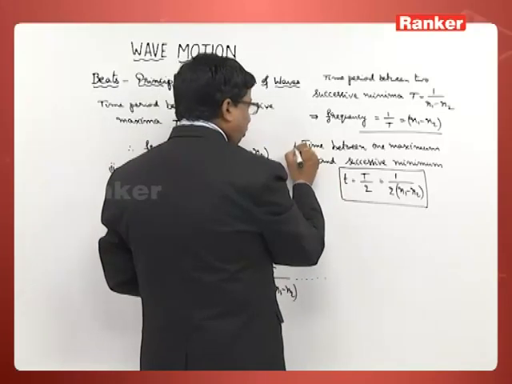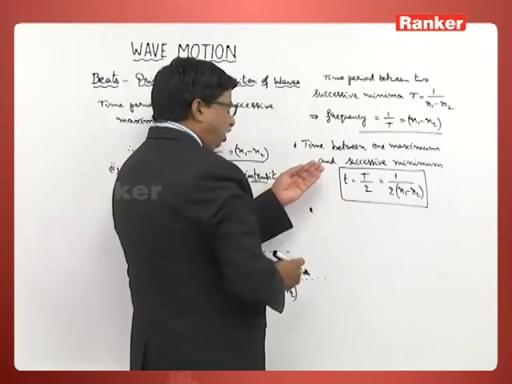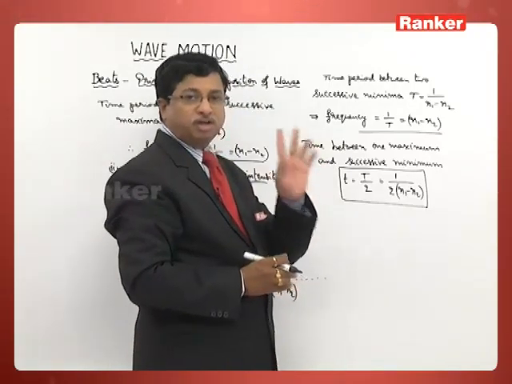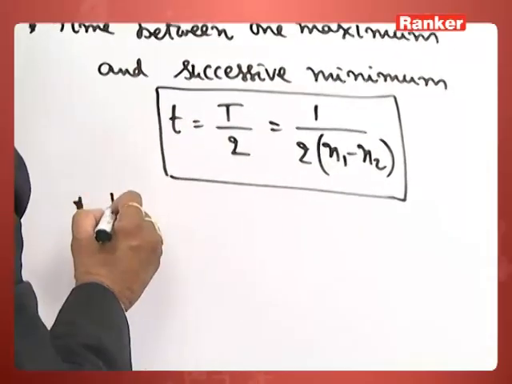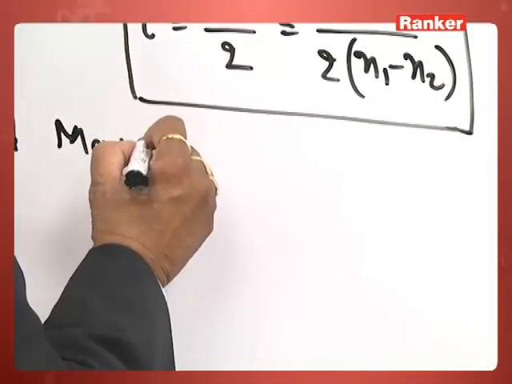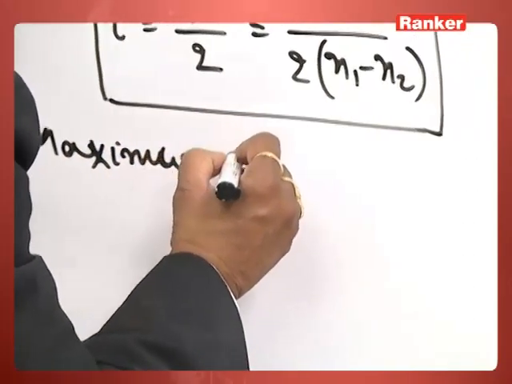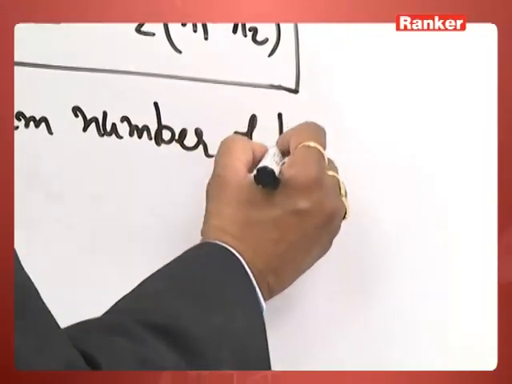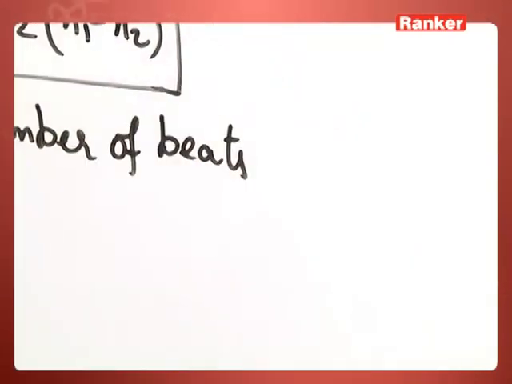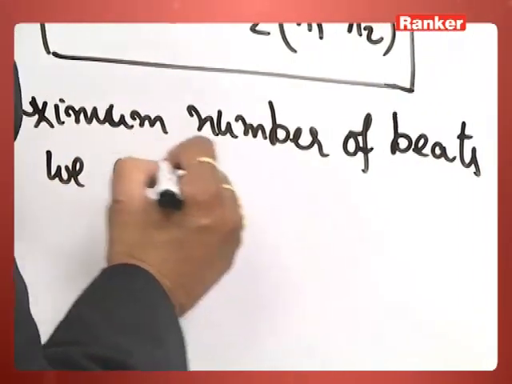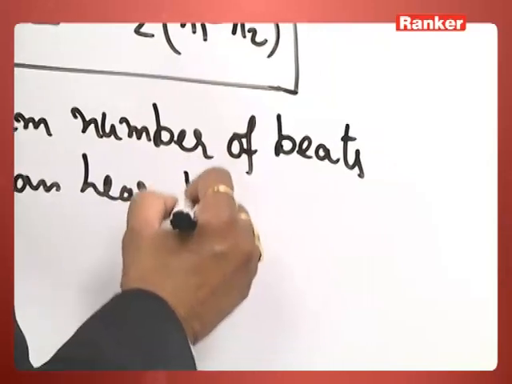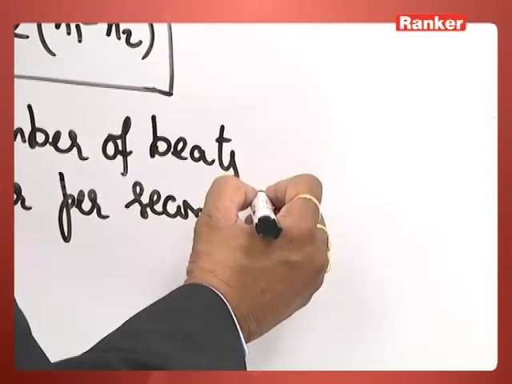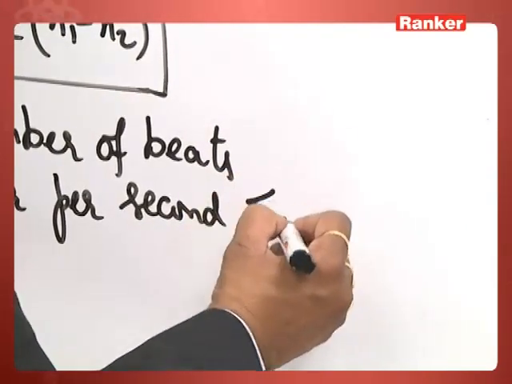Coming to the next concept, the second one. I have already explained earlier what would be the maximum number of beats we can hear per second. We can directly remember it this way: the maximum number of beats we can hear per second is either equal to or less than 10.